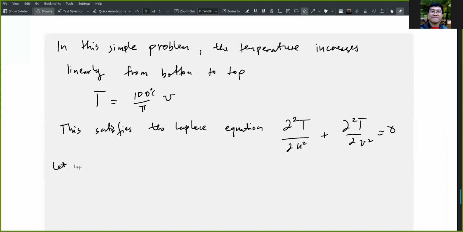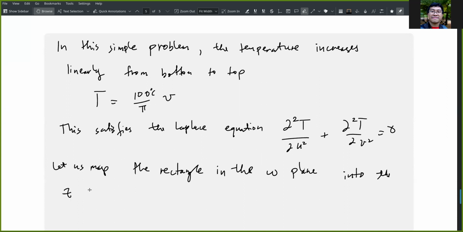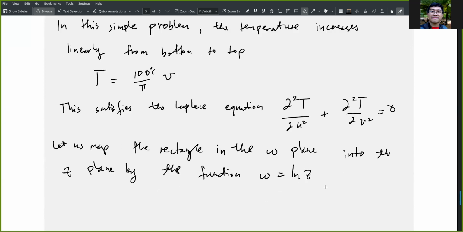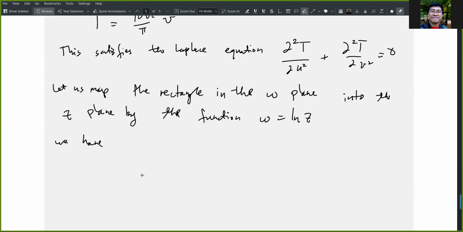Now let us map the rectangle in the W plane into the Z plane by the function W equals ln of Z. So we have W equals ln Z would be ln r e to the i theta equals ln r by definition plus i theta.